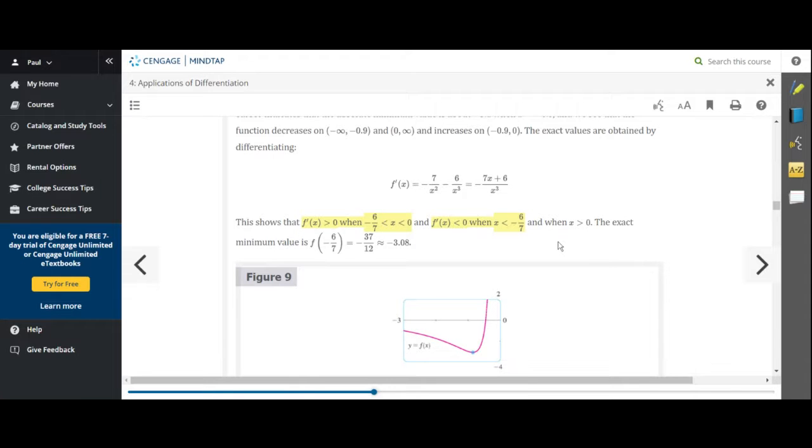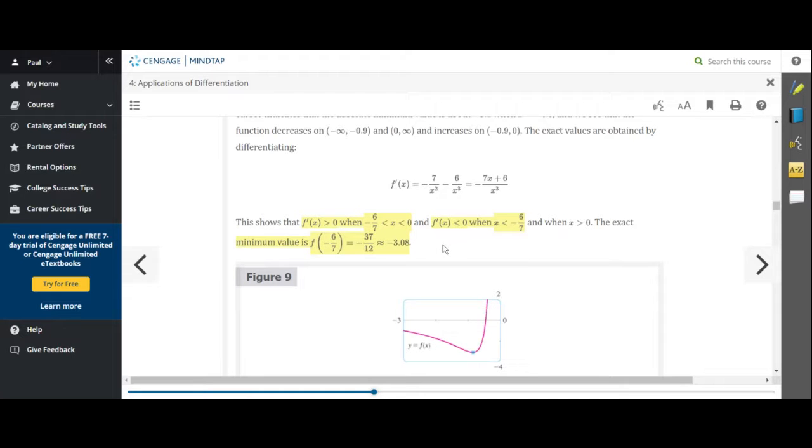You could just as easily graph the first derivative. I honestly don't know why they didn't do that. Just graph the first derivative and determine that the first derivative is positive when x is between negative 6/7 and 0, and negative when x is less than negative 6/7. That would establish that you have a minimum value at x equals negative 6/7.